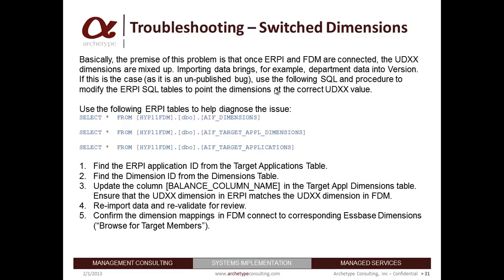We're working on fixing it, but here's the fix. I detailed it here for you guys. Basically, you have to go into your FDM/ERPI database and switch 2 values in a couple of columns. Not a huge deal if you've used SQL before, but I was scratching my head for about half a day trying to figure out why department was importing like version.